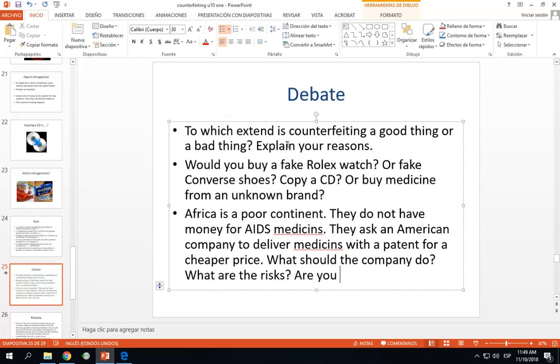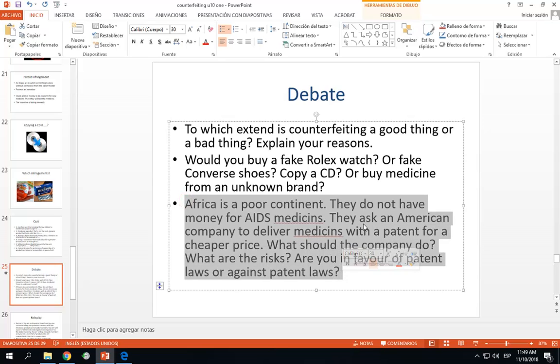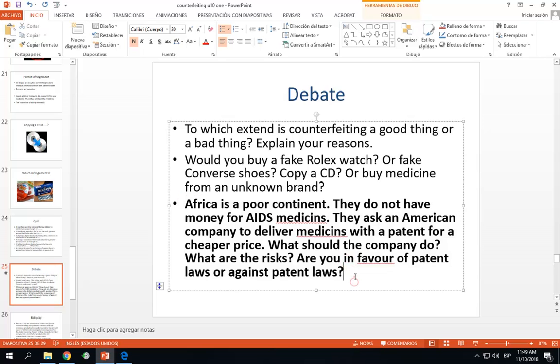Are you in favor of patent laws or against patent laws? Because there are different sides to everything, huh? Please think about this for a moment and let me know your thoughts. You can send me a mail if you want. I don't think you will send me a mail, but you can. I would really appreciate it.